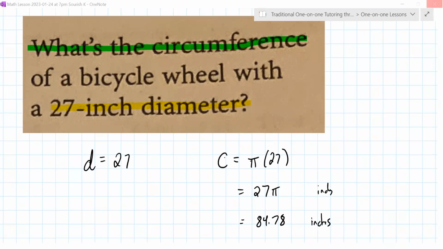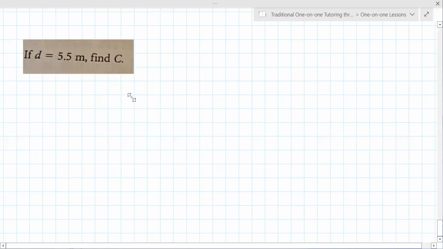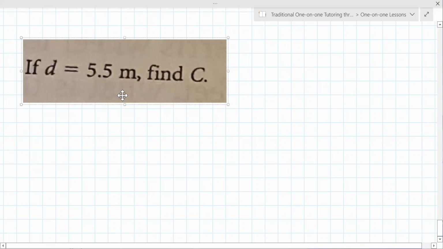So let's try one more here, Sourish. My screen just needs a little time to load. There it is. New question for you: if the diameter equals 5.5 meters, find C, or determine the value of C. 5.5 pi meters.